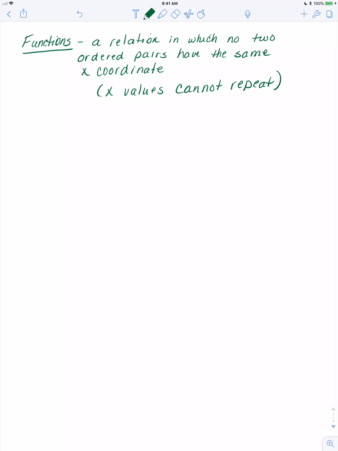a function. Okay, so remember we talked about we could list a set of domains, we could list a set of ranges. Remember, domains are your x values, your ranges are your y values. So a lot of times they can be set up in little charts, and sometimes they might be little circles over here, or it might just be a list of them.